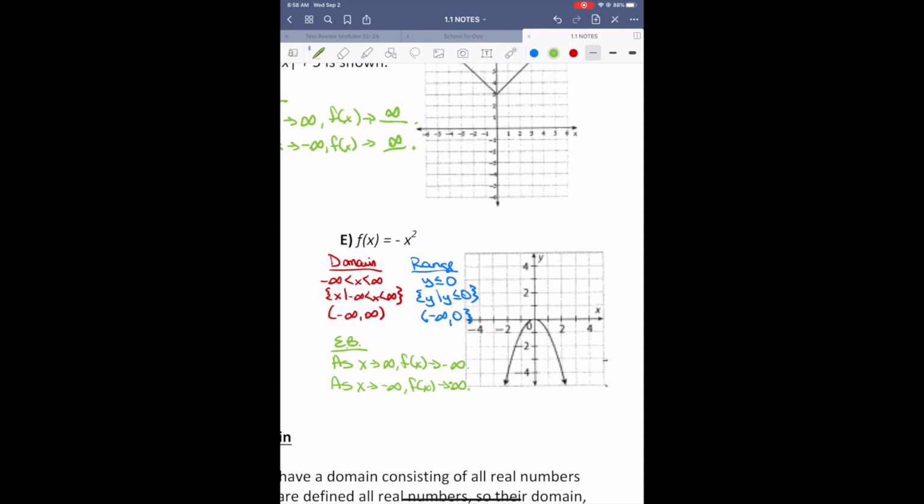Interval notation, we use parentheses around infinity, and that should be a bracket around 0. And finally, end behavior. As x approaches positive infinity, f of x approaches negative infinity. And as x approaches negative infinity, f of x approaches negative infinity. Both of them were negative infinities.